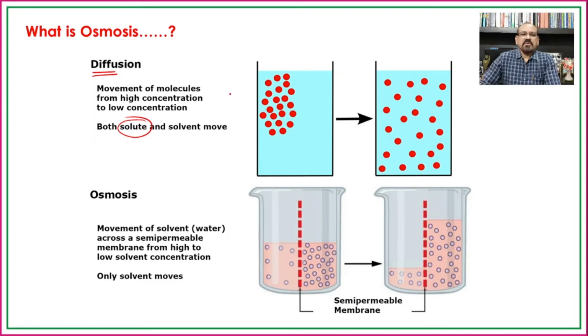So this is the simple process, diffusion, from the region of higher concentration to the region of lower concentration. There is a transport of solid particles. We must remember that in diffusion the solid particles move, though there is a movement of the solvent also.